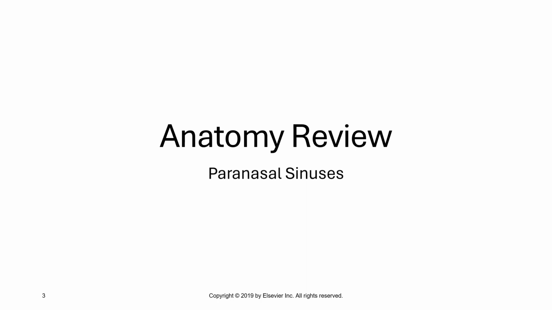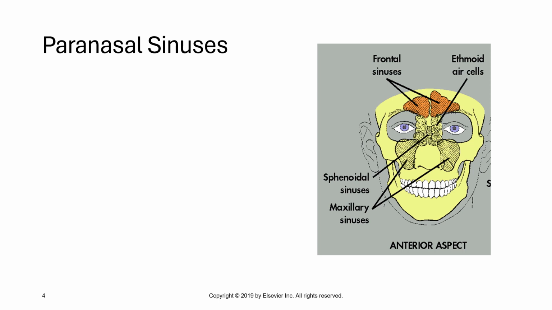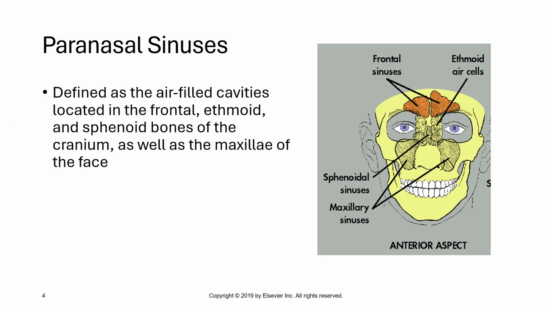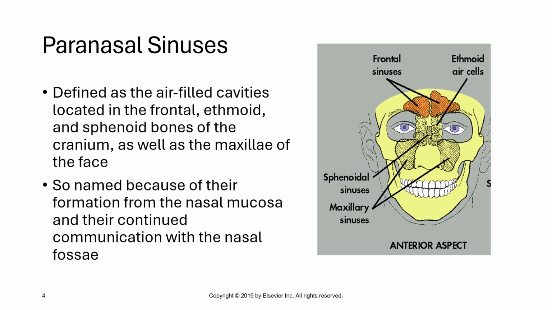Okay, so jumping into our anatomy review of paranasal sinuses. First of all, break down that medical terminology word, paranasal. Para means around or about, and so paranasal would be pertaining to things that are around the nose. Sinuses is just a cavity, so cavities around the nose is what paranasal sinuses means.